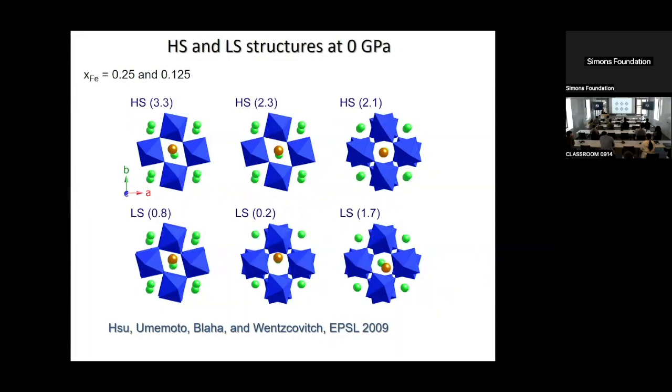First of all, without iron, the gap is about 10 electron volts. With iron, it depends on the configuration. Low spin is 3 electron volts approximately. High spin, it's about 1 electron volt. Intermediate spin, there's more than one configuration, from 0.5 to 2 electron volts.